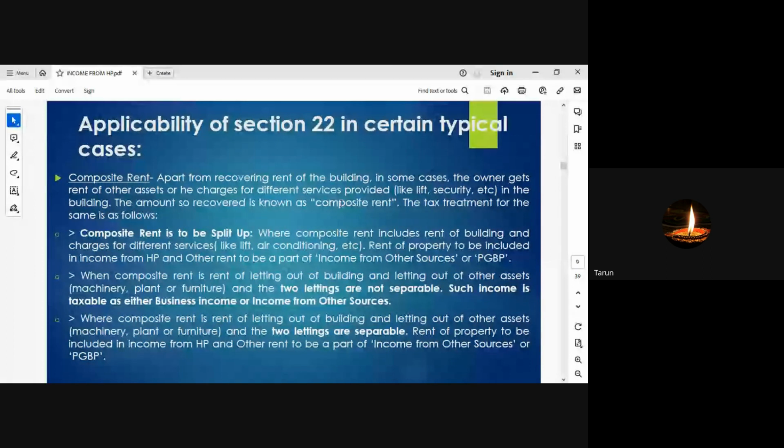And if the owner can easily segregate the two, that is, the rent from other assets and the rent from buildings, then such income will come under income from other sources, or you can also consider income from business or profession depending upon the case.